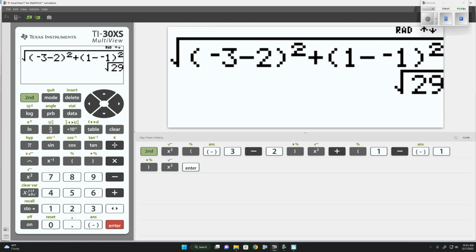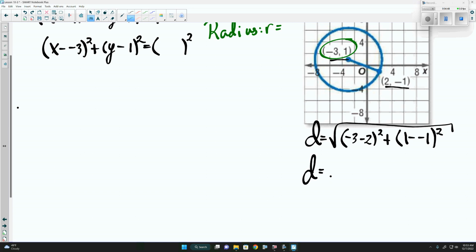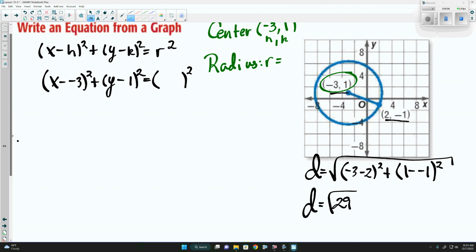And it tells us that the radius is the square root of 29. And since we found the radius, we can plug it into the formula, square root of 29. We will need to simplify, but are there any questions on this so far?